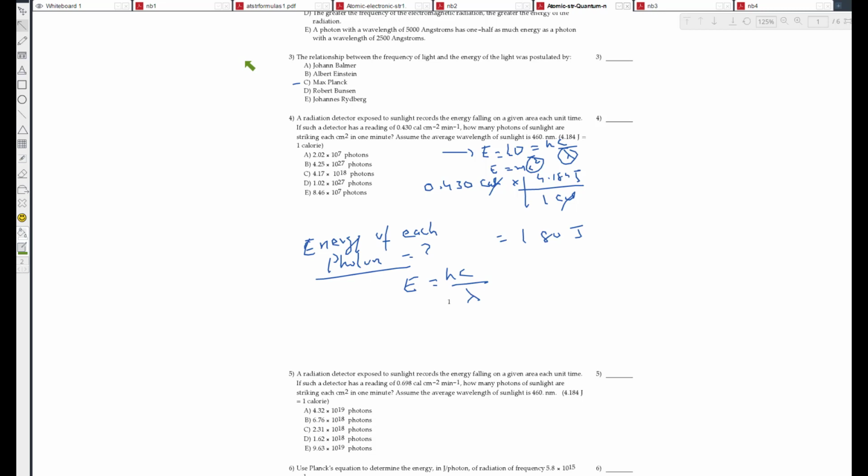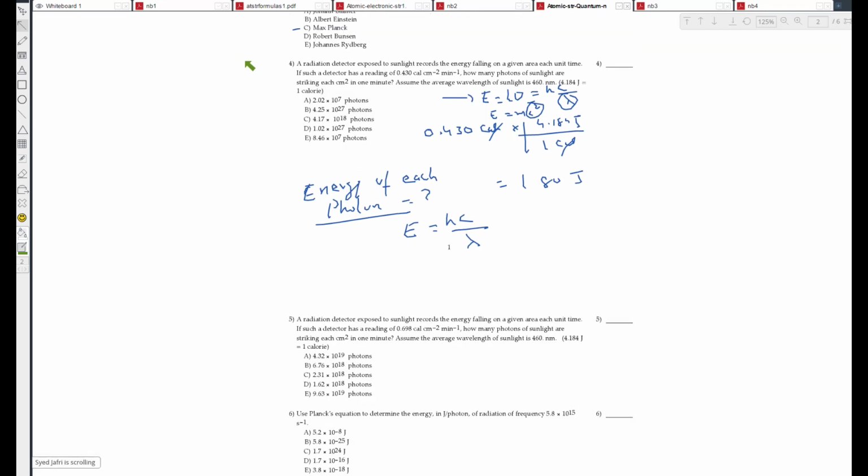We can use hc over lambda. What is the value of h? It's 6.63 times 10 to the power minus 34 joule seconds. And c is 3 times 10 to the power 8. And lambda is 460. Do I have to change something?